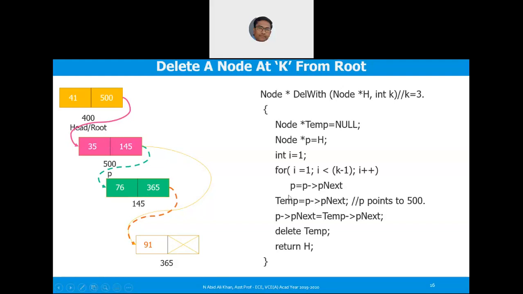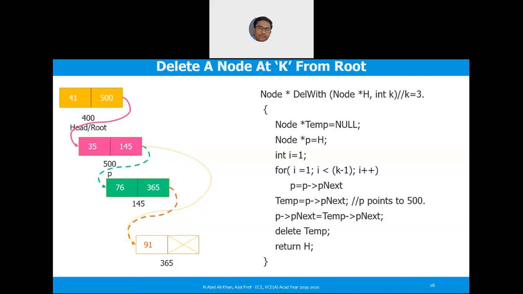Just before deleting, P arrow P next, which was earlier 145, needs to be kept with 365. What is 365? Temp arrow P next. So you are killing this link, you created this link, and then you deleted temp. Clear? Yes, sir.